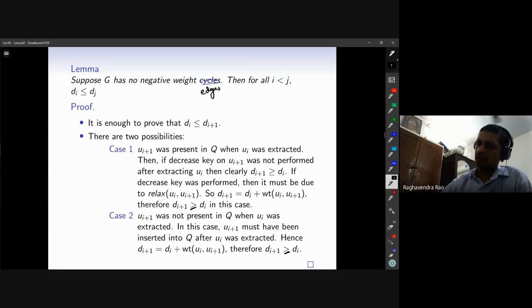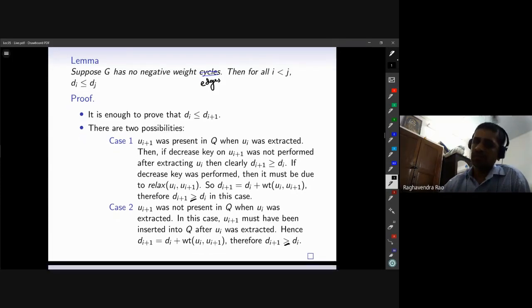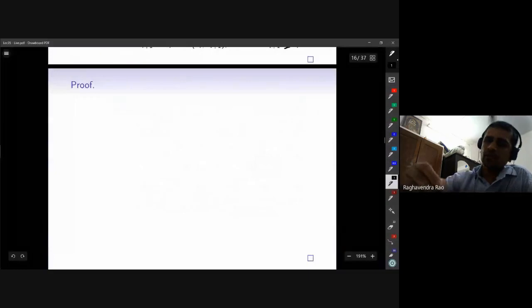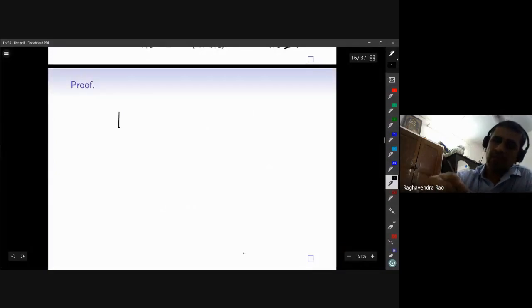So in fact you can also see these two cases in the following sense. It is based on whether there is an edge between ui and ui plus 1 or not. This is ui, this is ui plus 1.